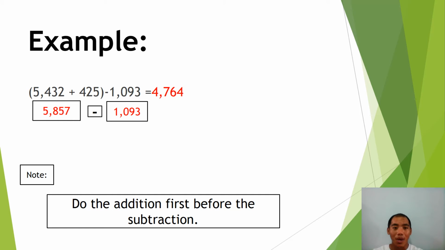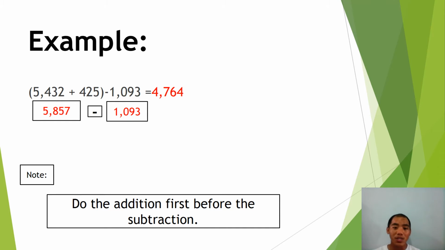We need to add first the numbers inside the bracket and then solve the number outside the bracket. 5,432 plus 425. The answer is 5,857. Then subtract the number outside the bracket, which is 1,093.